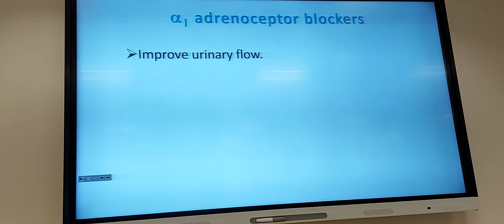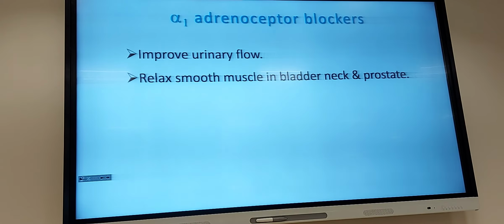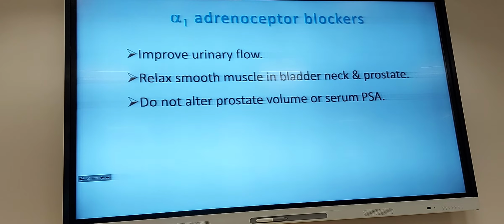So alpha 1 adrenoceptor blockers improve urinary flow, they relax smooth muscles in the bladder, neck and prostate. They do not alter prostatic volume or serum PSA, because they are not doing anything to the underlying pathology in BPH. So they will not change the prostatic size, they will not change the PSA level. You know what is PSA?